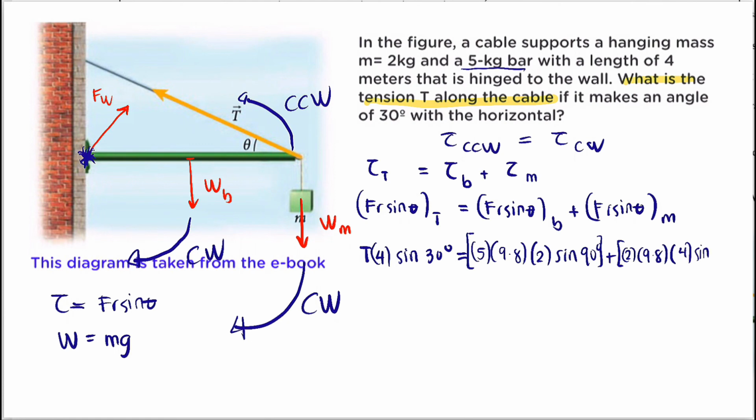And similarly, the weight is directed perpendicular to the line of action or the bar, then our theta is equal to 90 degrees. So now we have properly substituted our equation, and this would then allow us to solve for tension. So you could just calculate this on your own. Tension is going to be equal to 88.2 newtons.